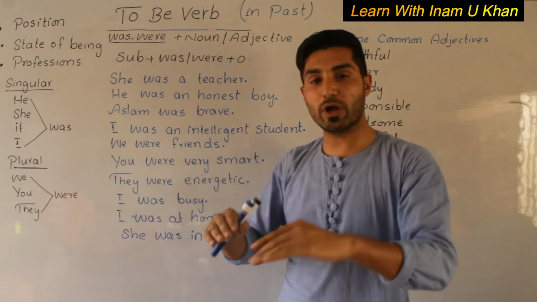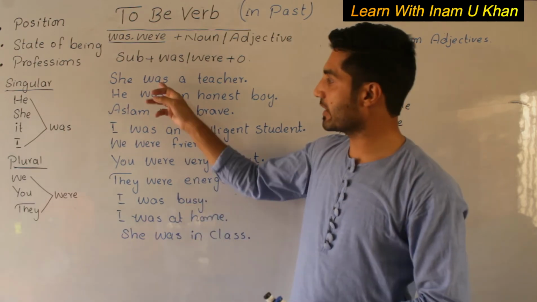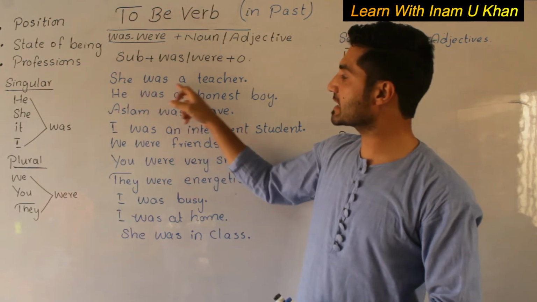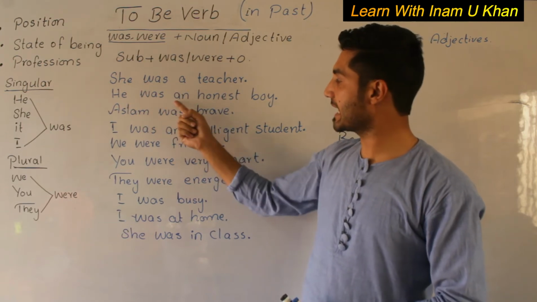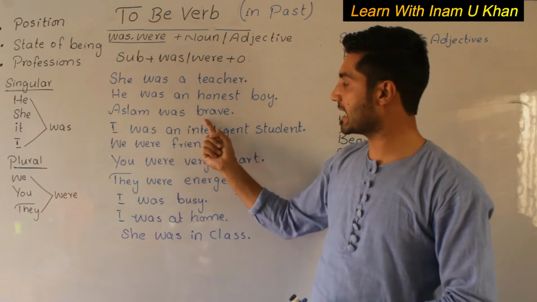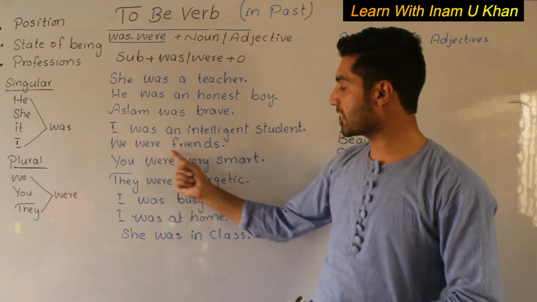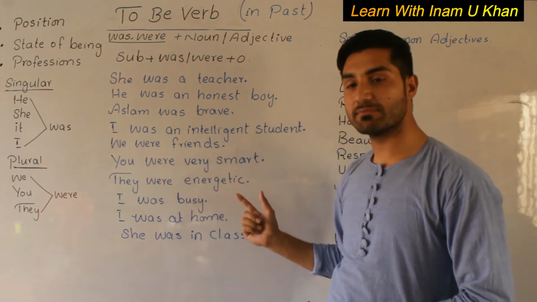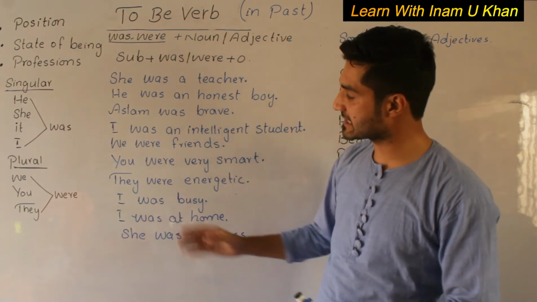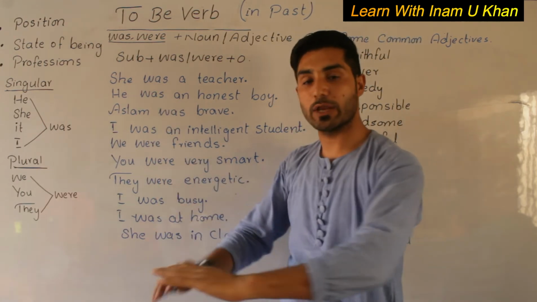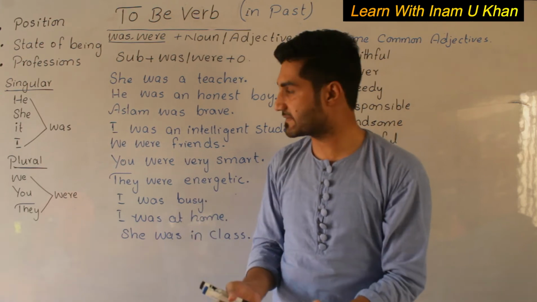When you go to negative sentences, you have to put not with the helping word. For example, she was not a teacher, he was not an honest boy, Aslam was not brave, I was not an intelligent student, we were not friends, you were not very smart. You put not with the be verb, was or were, and you can change them into negative sentences.